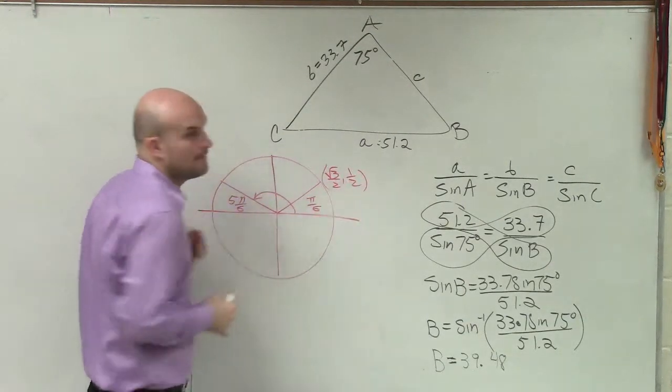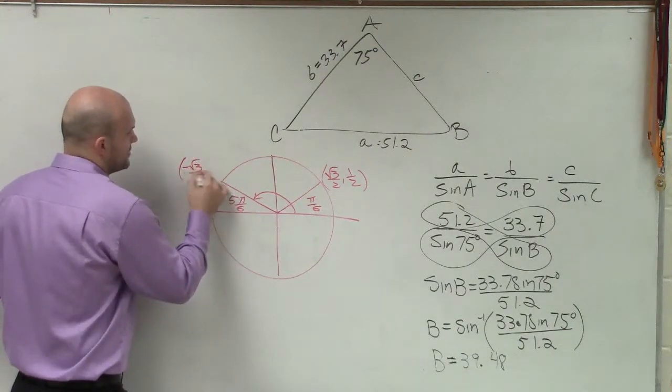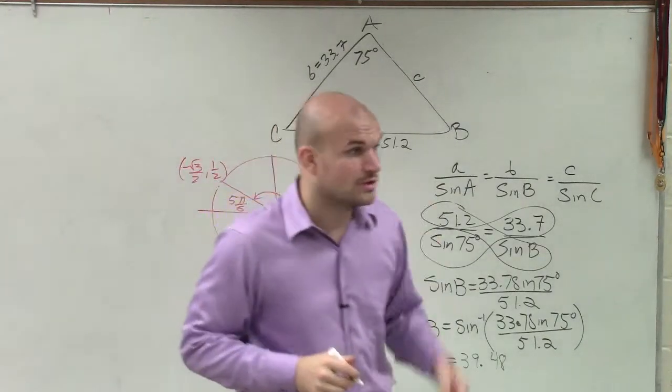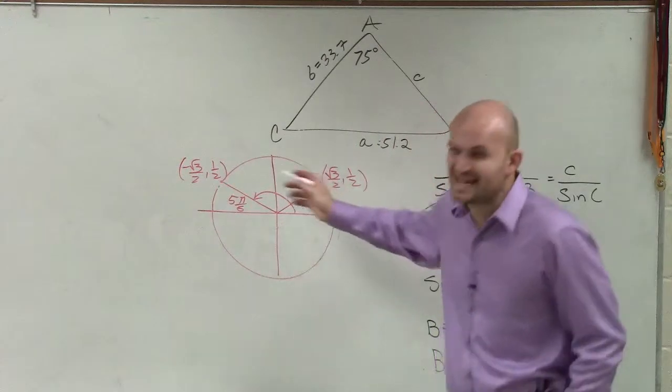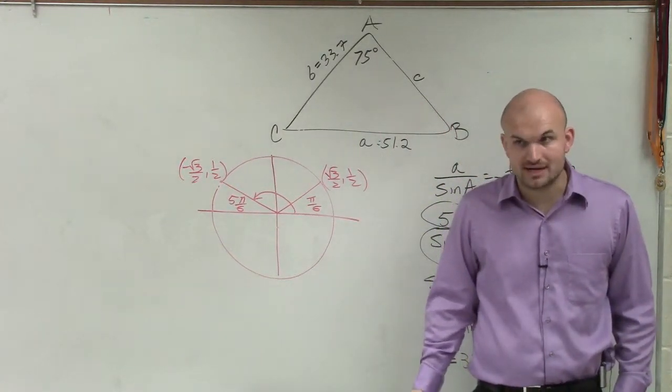So the sine was what? 1/2. Very good. And this angle was negative square root of 3 over 2, comma 1/2. So do you notice that both these angles have the same sine? Everybody agrees with that. The sine is the same.